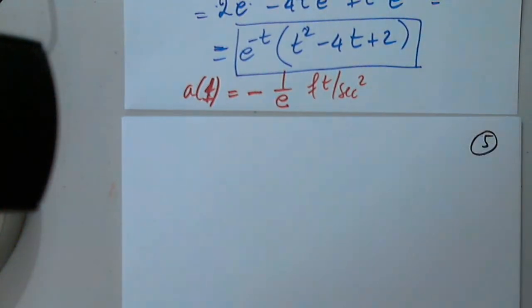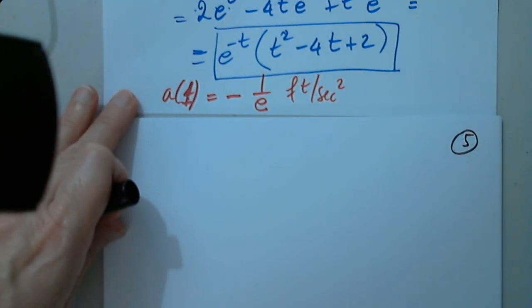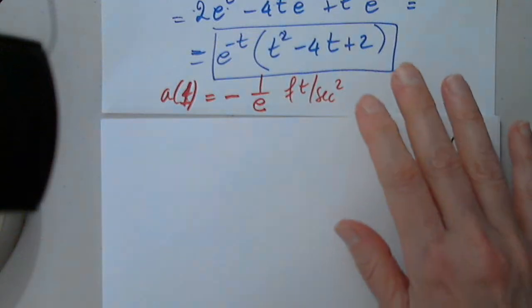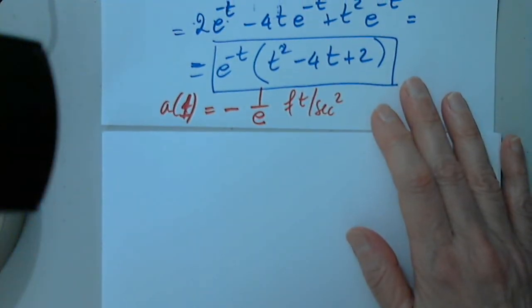So, Professor, maybe I'm making a mistake, but I'm getting something different, because I got 1 squared is 1, minus 4 plus 2. That would be 2 times e to the negative 1. Am I doing something wrong?